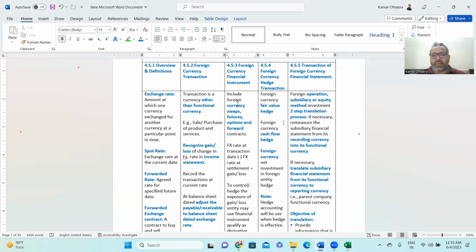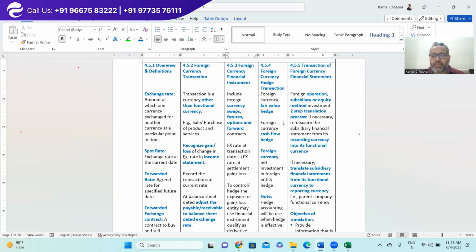So now let's understand the foreign operation subsidiary or equity method investment, and the two-step translation process. First, if necessary, remeasure the subsidiary financial statement from its recording currency to the functional currency. Second, if necessary, translate the subsidiary financial statement from functional currency to reporting currency, that is the parent company's financial statement.